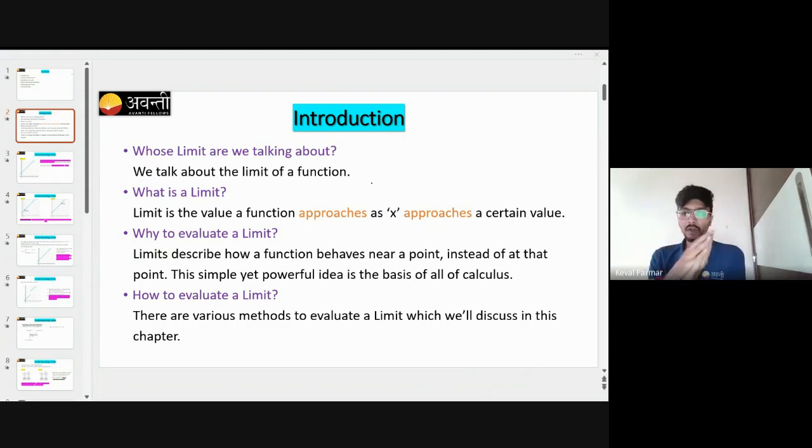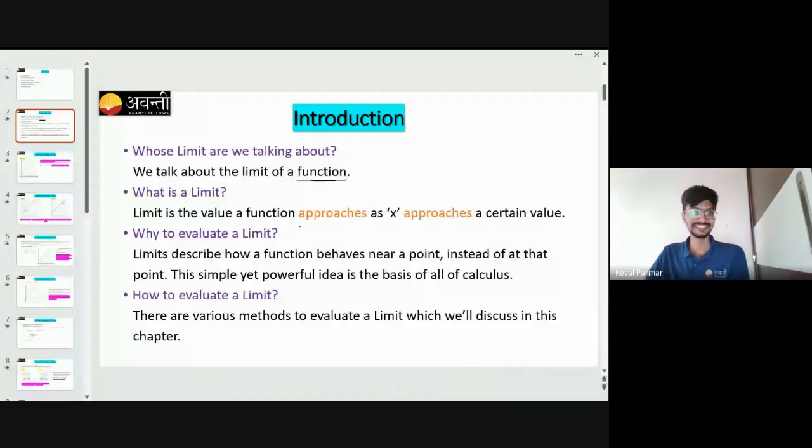Now, what does a limit do? How does a limit help us to evaluate a function? Let us go through that. Whose limit are we talking about? We are talking about the limit of a function, obviously, because in calculus we always talk about functions. Second, what is the limit? Important. Limit is the value a function approaches.